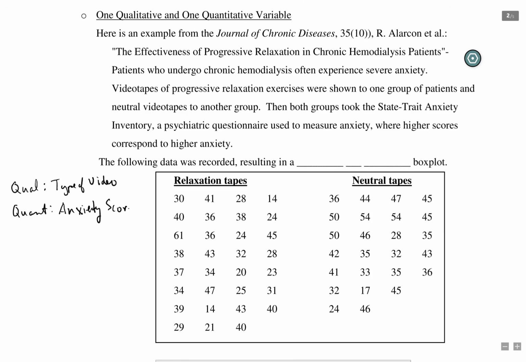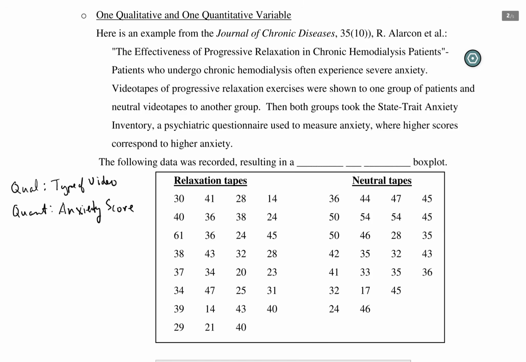So on each person in this study, two variables were recorded: the type of video and the anxiety score. And this was all with the purpose to see, hey, does this relaxation videotape reduce anxiety before dialysis?